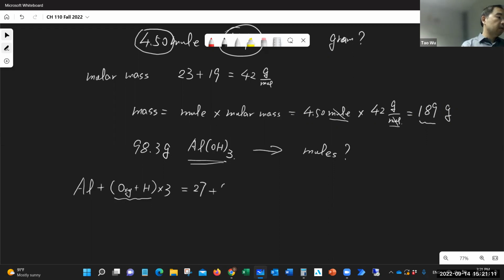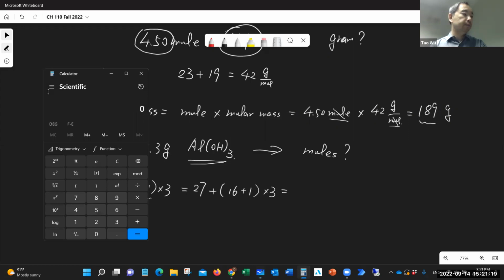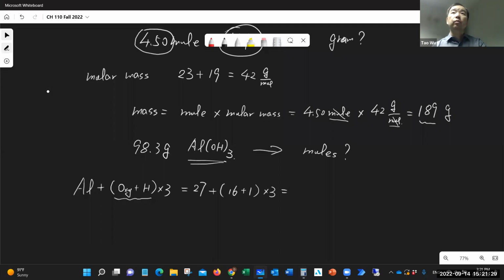Then you plus oxygen 16 and plus hydrogen 1, and you times 3. So 27 plus 16 plus 1 in parentheses times 3, you get 78 grams per mole.